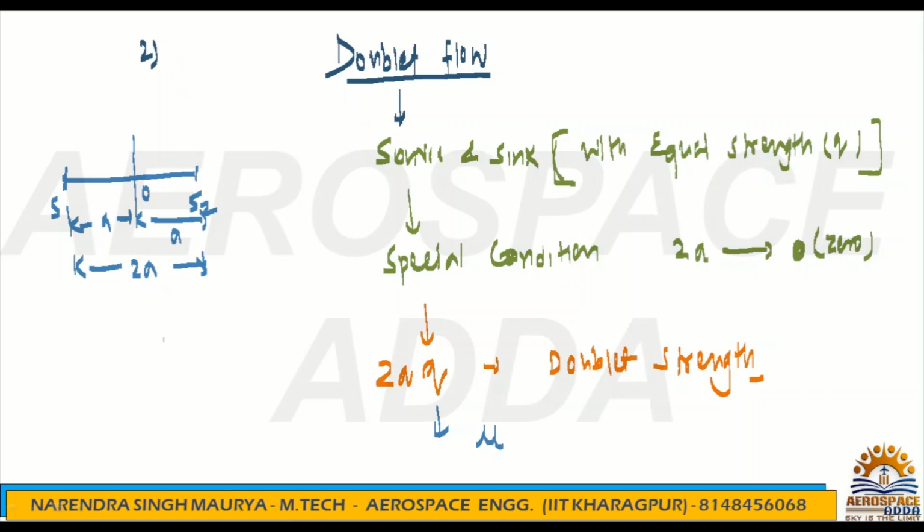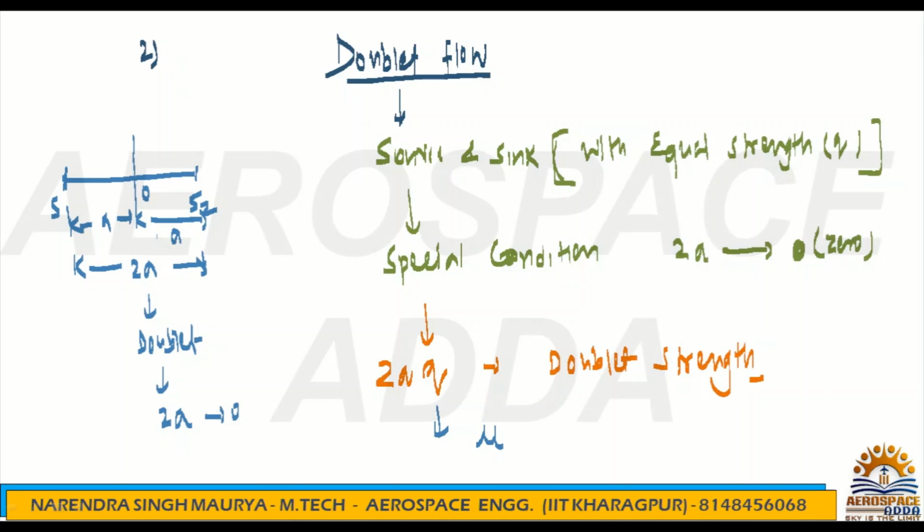Now if it is doublet, for this doublet, this 2a approaches to 0, means source and sink are at the same point. Yes or no? Source and sink both are at the same point. That's the meaning of 2a approaches to 0.